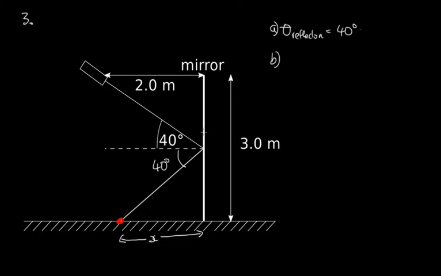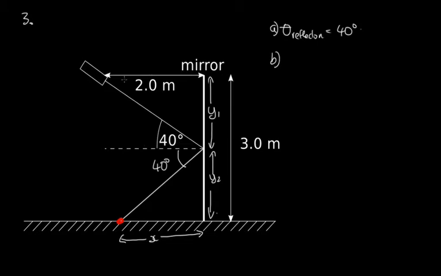So in order to do that, we're going to need to use a bit of geometry. Let's label this part here Y1. So that's the top of the mirror to where the laser beam hits the mirror, and we'll call this Y2. Now to calculate Y1, we'll need to use trigonometry and just start off with some geometry.